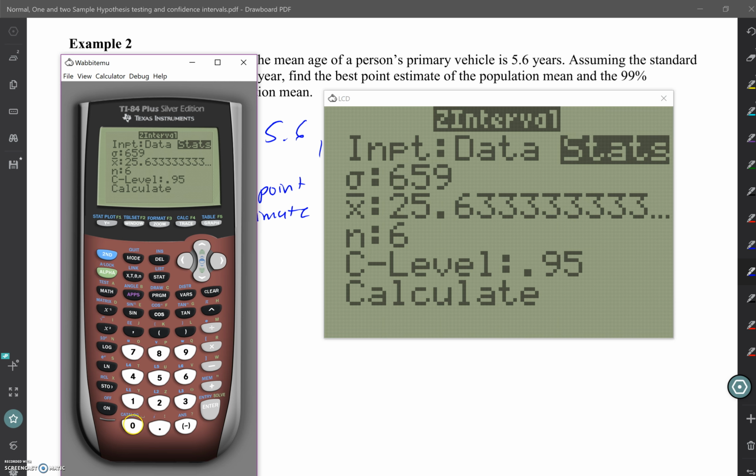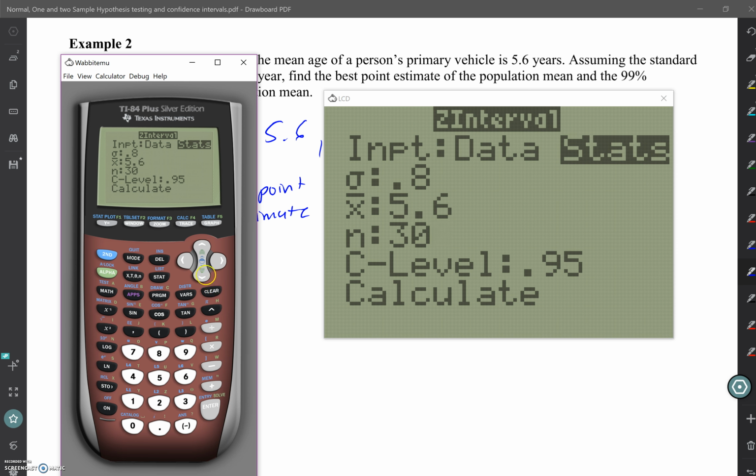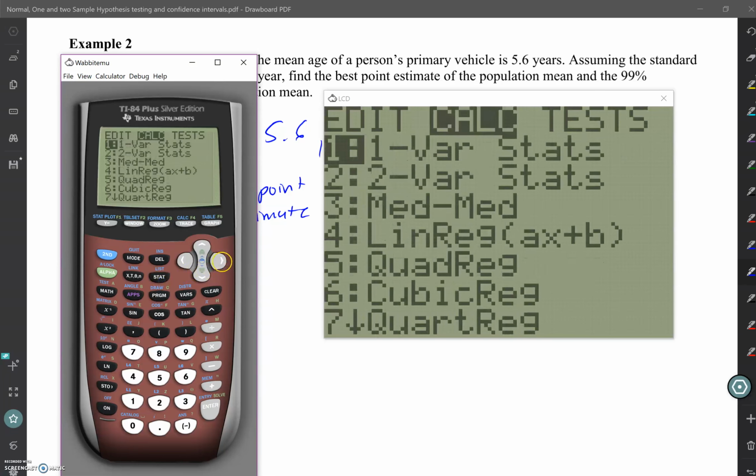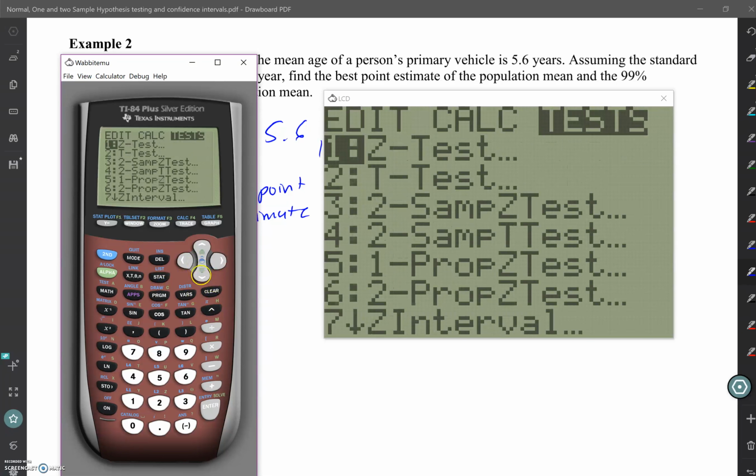So we had a standard deviation of 0.8. X bar was 5.6. Our sample size was 30. And our C level, which is our confidence level, we want to be 0.99. Everybody find this page? So go to stats and go over to the testing area. And you want to go down, it's number 7 on mine.